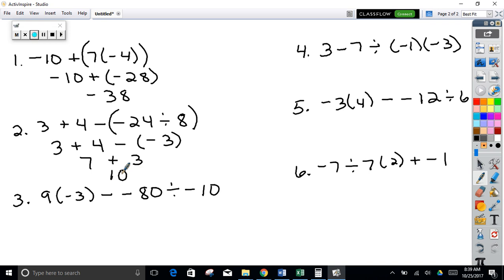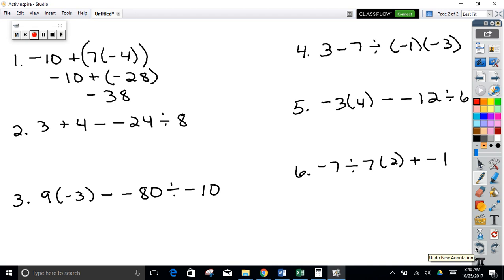Now you could also have changed the minus a negative to addition from the beginning, and you would have resulted in the same answer. So that's another way you could have done it. Let me actually show that way as well. I'm just going to erase this because I think it's easiest to do it that way. If I start with the original problem, I could change this right from the beginning.